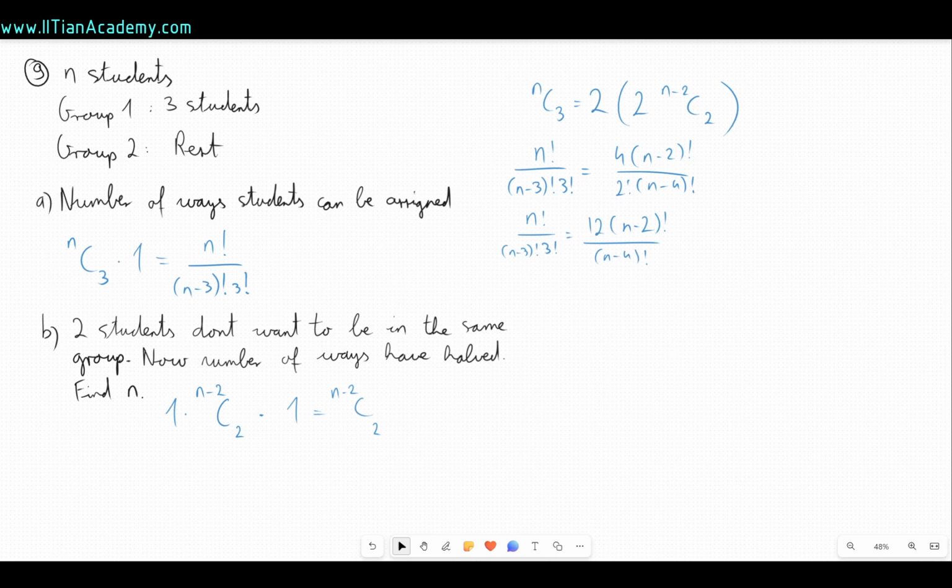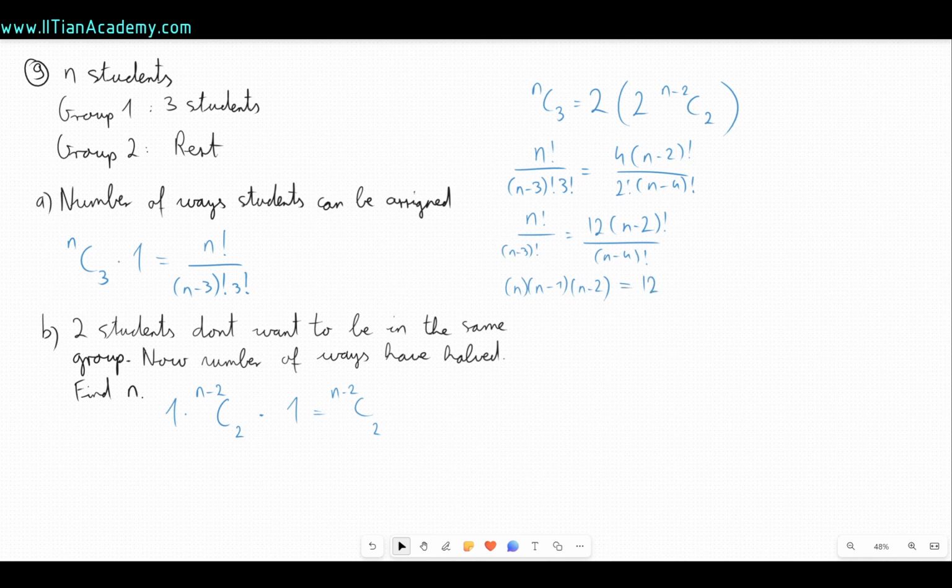And now we need to simplify the factorials. That 3 factorial should not be there. So here this n factorial is like n times n minus 1 times n minus 2 times n minus 3 factorial. So we could just replace this with n times n minus 1 times n minus 2, as we have an n minus 3 factorial on the bottom as well.